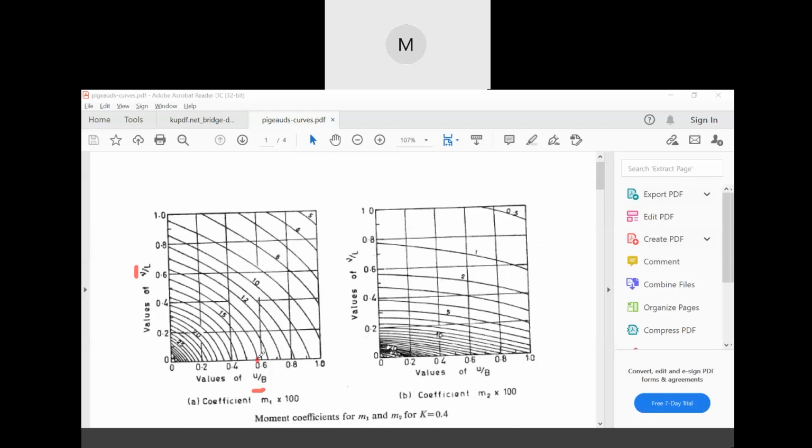If this is 0.6, this is 0.4, 0.53 will be somewhere here. And 0.202. Now look, this is 0.2. Now 0.202 will be somewhere here, right? Now if you compare these two, it should be somewhere around here. So how much value did you get?